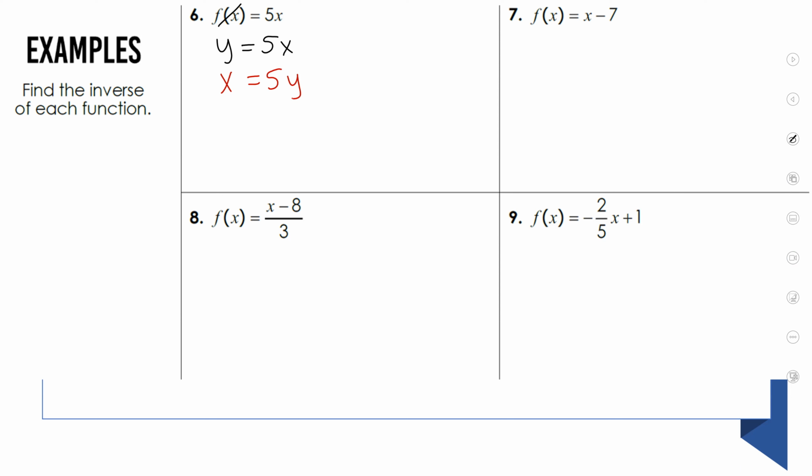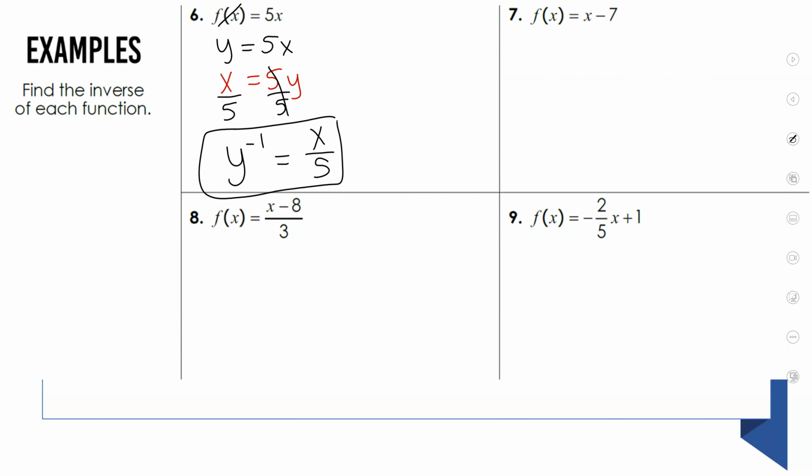We switch the x value and the y. And now you just solve for y. So guys, how will I get y by itself? Yep, divide everything by 5, this side and that side. So that's my answer. So I'm going to write it as inverse is x over 5. That is the inverse.